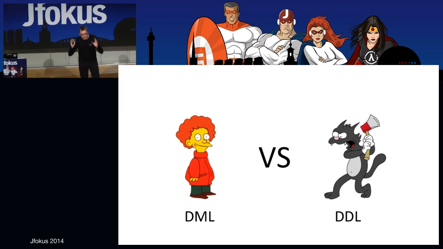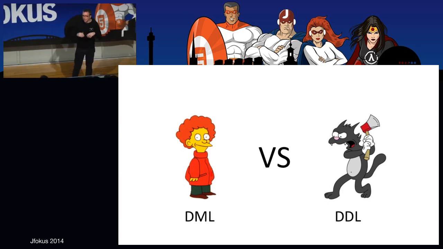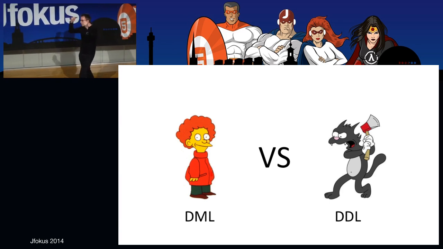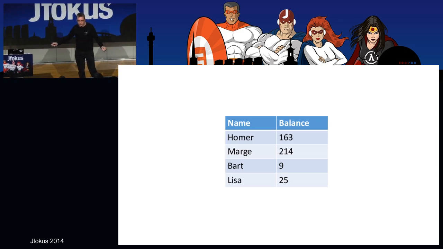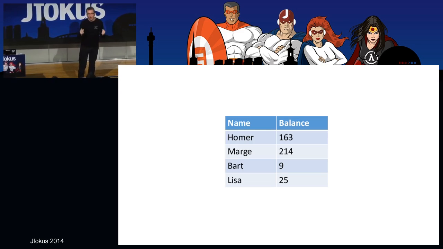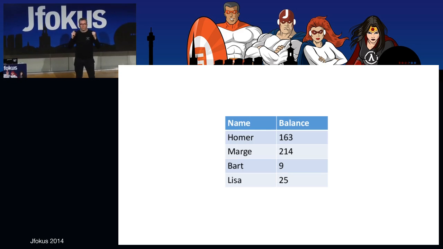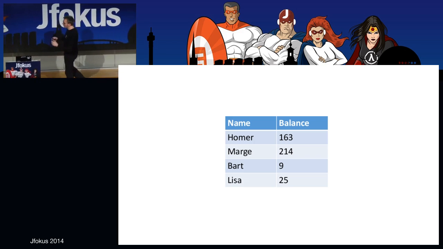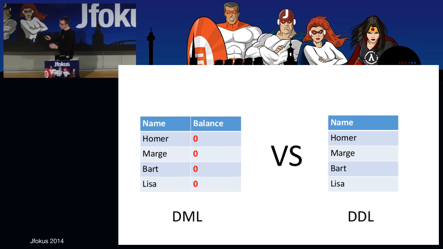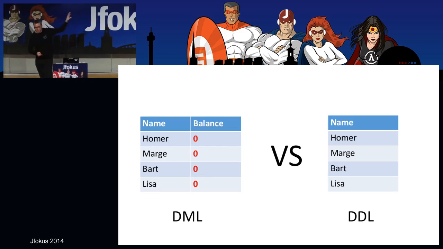It's really this image here that's central, that just manipulating the data is something innocent, and DDL is really dangerous, and you got to be really careful because you could be dropping everything. But the truth is, as soon as you have the possibility to change data, you have the possibility to destroy it. So if you have an update statement and you make a mistake in the where clause, for this accounts table, this is what you can end up with.